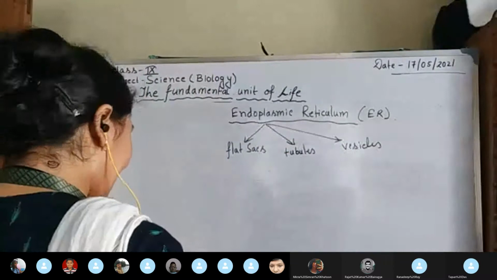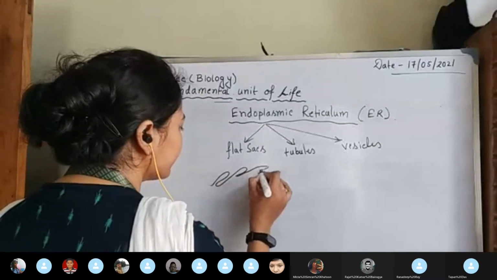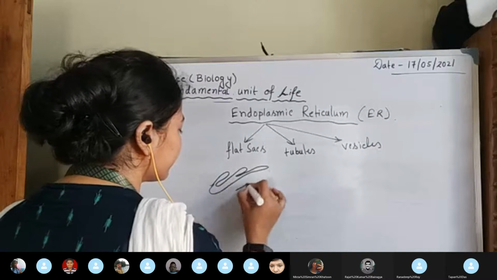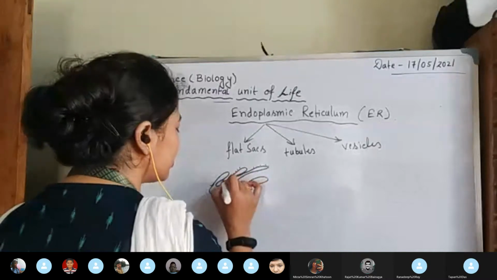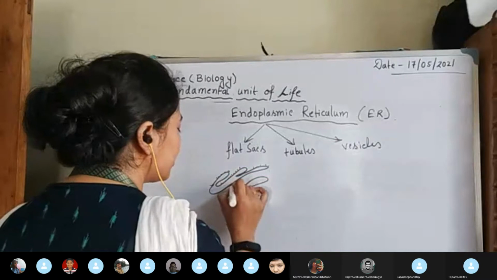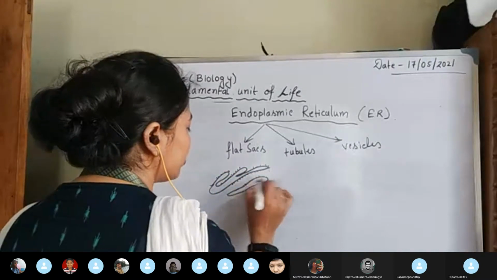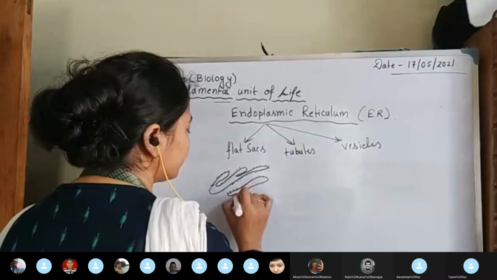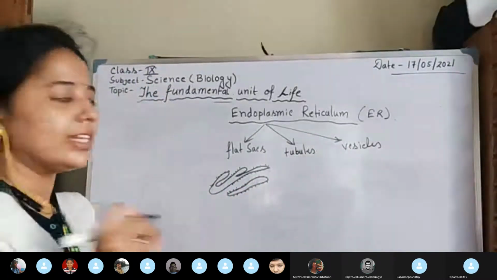They look like a tube-like structure, and above that structure there is some granular structure. They are known as flat sacs.